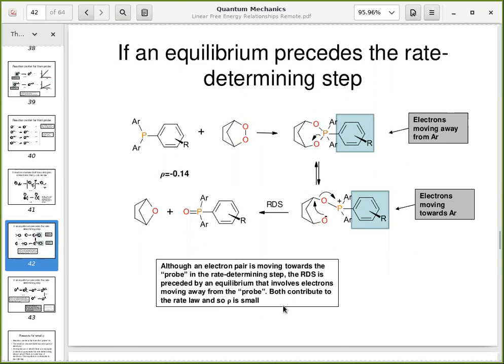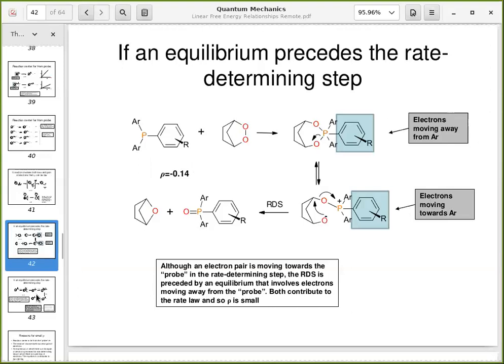What's happening is that you've got rate constants for forward and reverse reaction and rate constants here. All of these Ks, all of these rates contribute towards the overall rate law. And so there's contributions to the overall rate law from electrons moving away and electrons moving towards, such that your reaction constant is going to be very small.